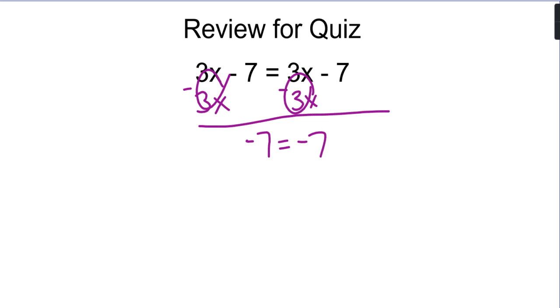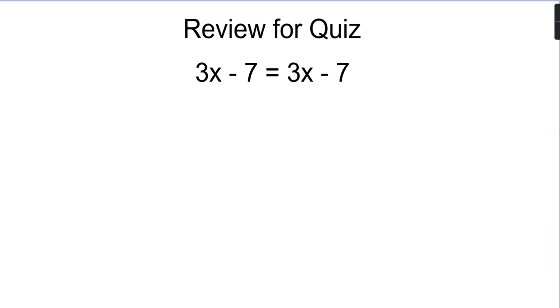Okay? So I see something that makes sense, but I don't see a value for x. What's going on here? Well, if we look back at the original equation, 3x minus 7 equals 3x minus 7, you see you have exactly the same thing on both sides of the equation.